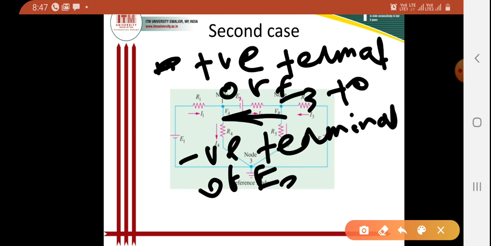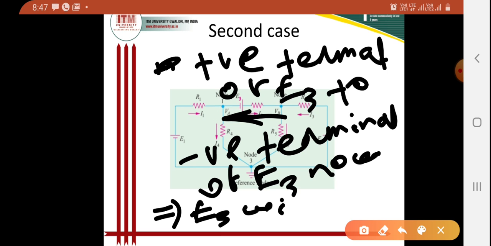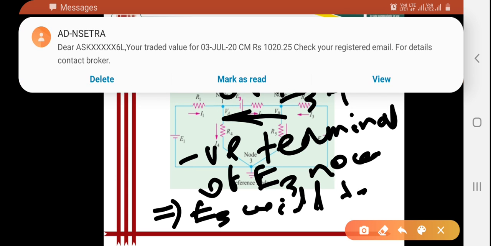So when we move from node 2, E3 will be taken as negative according to the sign convention.